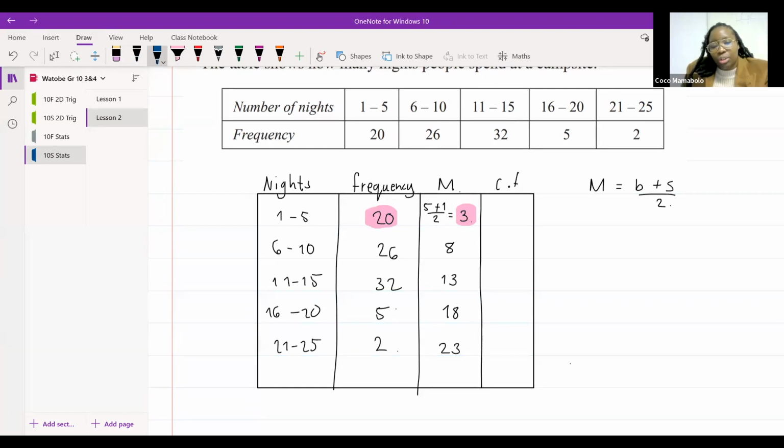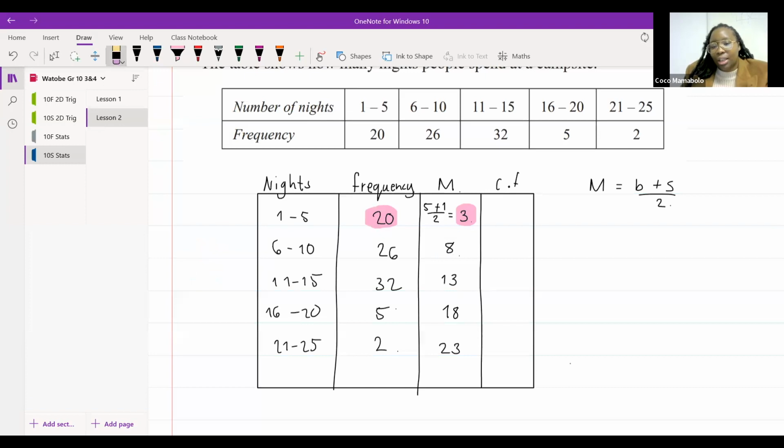So 6 plus 10 is 16 divided by 2 would give me 8. That's the midpoint. Same with these two: 11 plus 15 is 26 divided by 2 is 13. That's how we're getting those numbers.